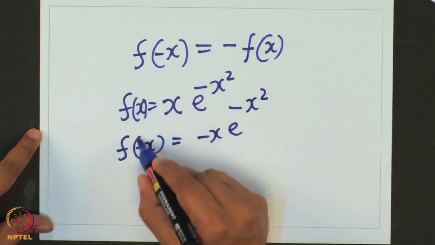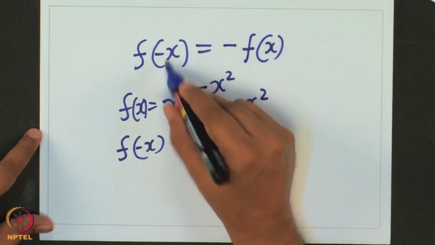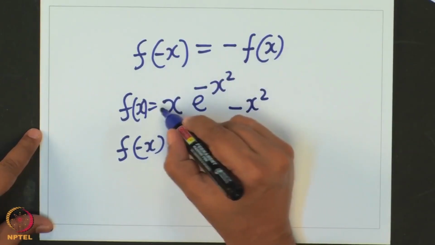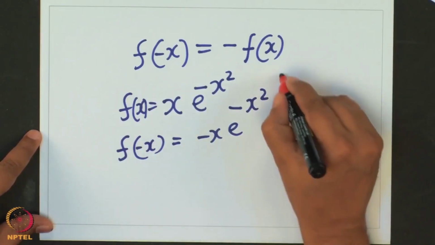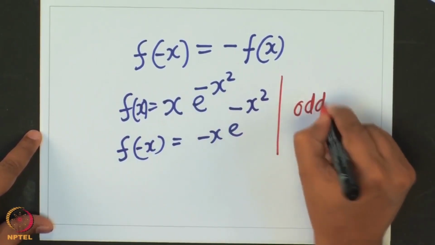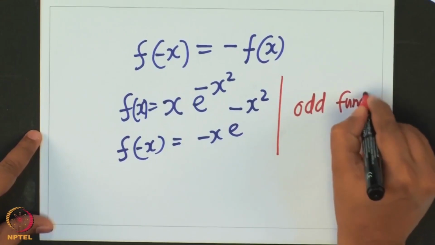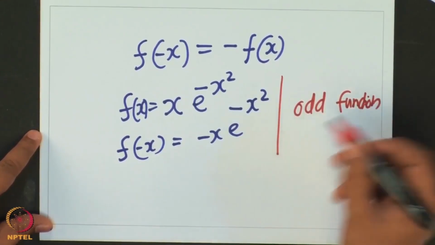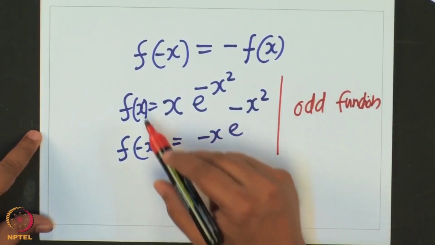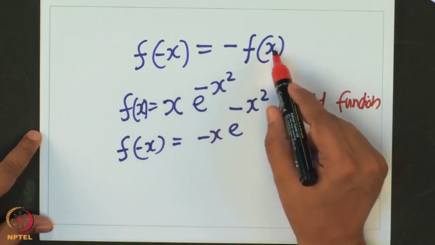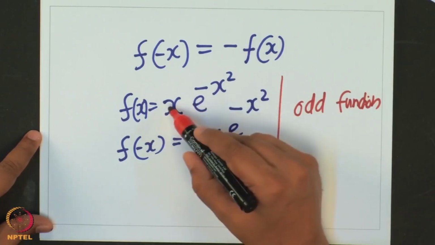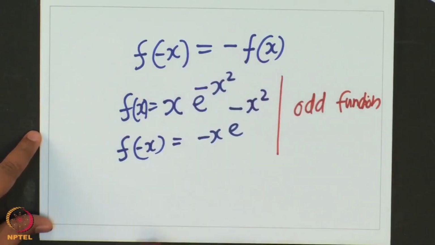So here f of minus x is f of x with a minus sign. So this is an odd function. Take the f of x and put a minus sign, you will get f of minus x.